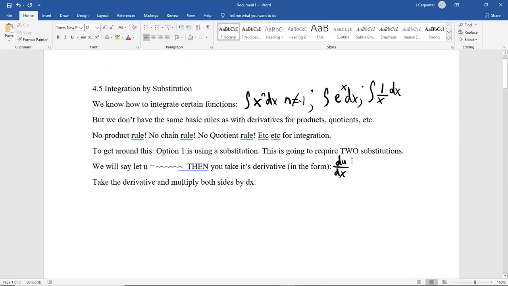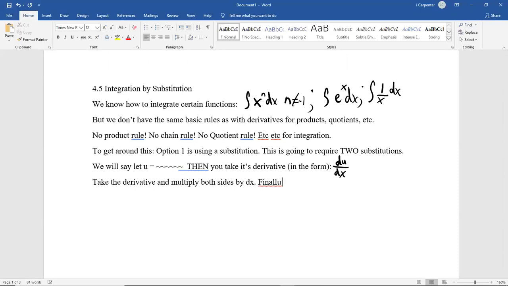So we're going to take this thing, du over dx equals, say, 2x maybe, or 2u, or 2z, whatever it might be, and you multiply both sides by dx. So we are going to split up this thing as a fraction. But the du is its own thing, the dx is its own thing. Don't think of the d and the u or the d and the x as separate entities. They're not. Du is thing 1, dx is thing 2. So we're just clearing the fraction, basically. So we multiply both sides by dx.